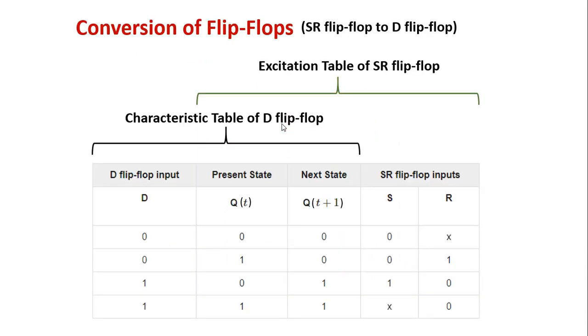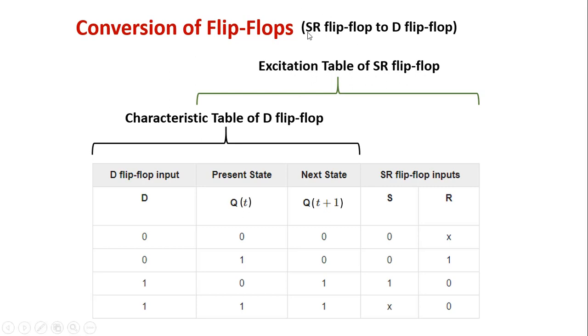Now coming to conversion of flip flops. In many cases we have to convert one flip flop to another. Suppose here we have taken the example of SR flip flop to D flip flop. What you can do is combine the characteristic table and excitation table of these two flip flops.